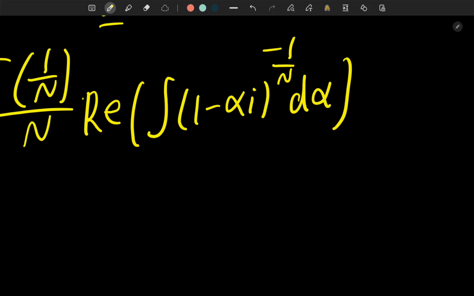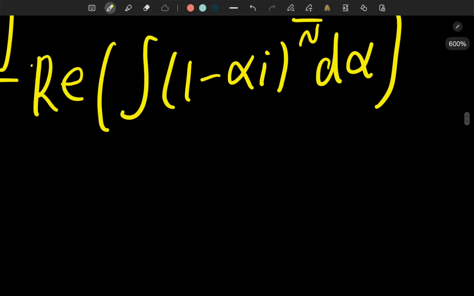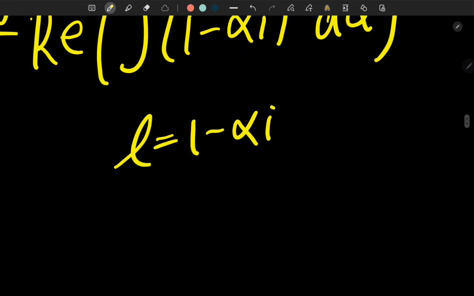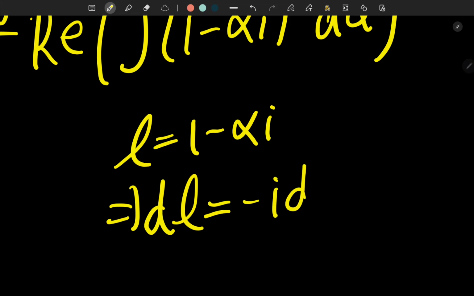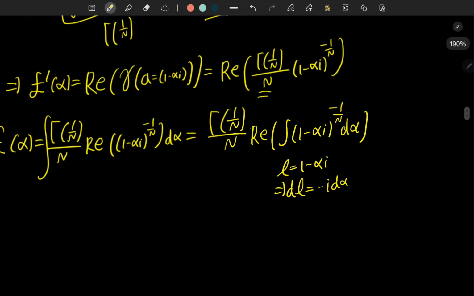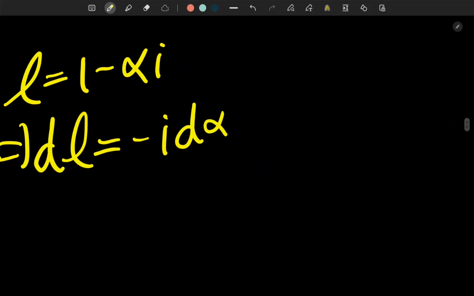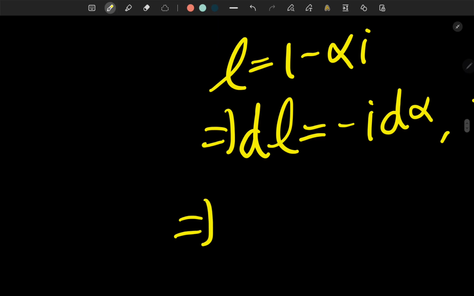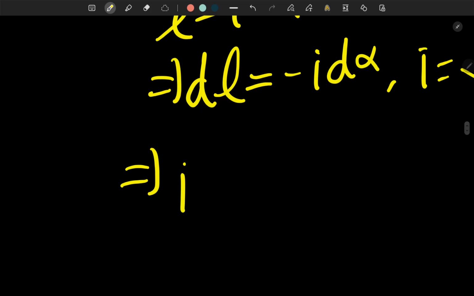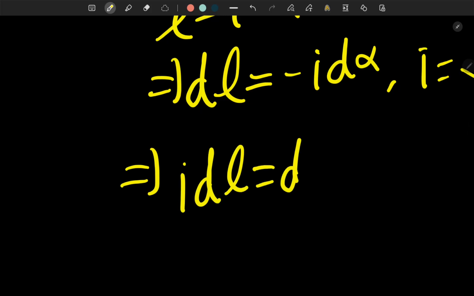Now for this integral, it's very easy. Remember that I is considered a constant. We can do a substitution. We will let L equal 1 minus alpha times I. This implies dL is equal to negative I d alpha. Remembering that I is equal to the square root of negative 1, if we multiply both sides by I, we have I dL equals d alpha.